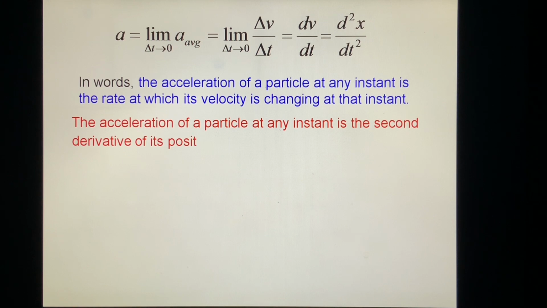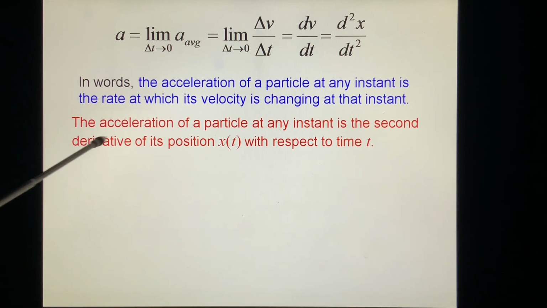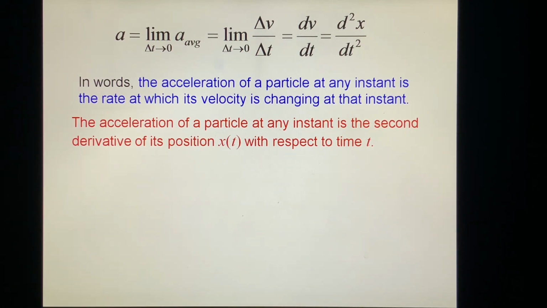In words, the acceleration of a particle at any instant is the rate at which its velocity is changing at that instant. The acceleration of a particle at any instant is the second derivative of its position x with respect to time t.